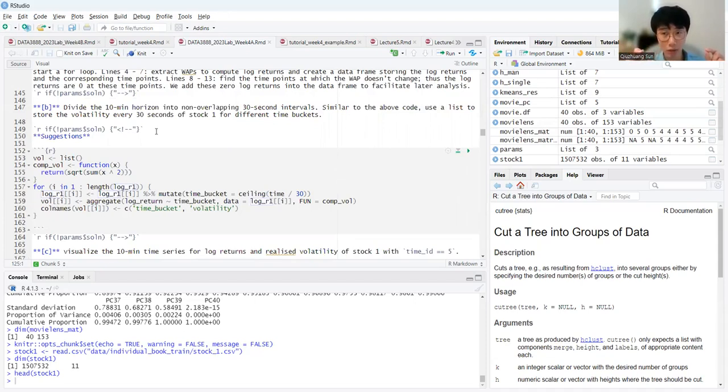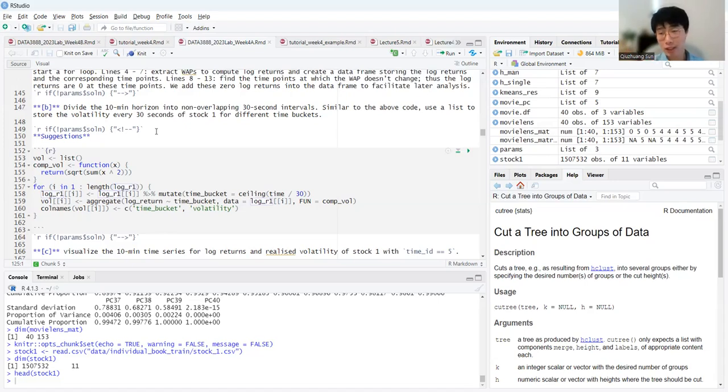This means that we have 600 seconds, and we divide it by 30 seconds. Now we'll have 20 non-overlapping 30-second time intervals for this 10-minute time bucket. Then for each 30-second time interval, I will compute the corresponding realized volatility. So the total number of realized volatilities for one 10-minute time bucket is 20, which is 600 divided by 30.